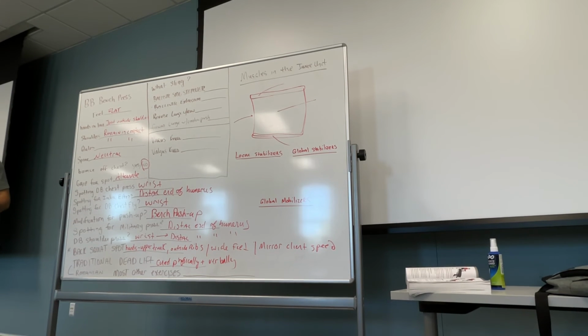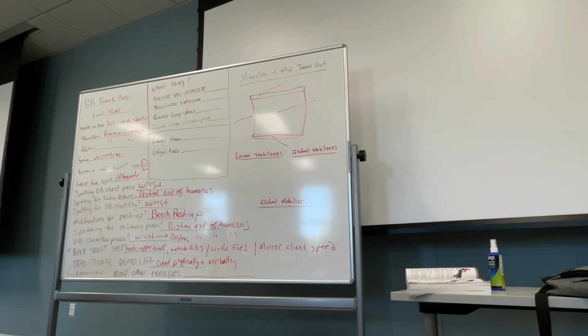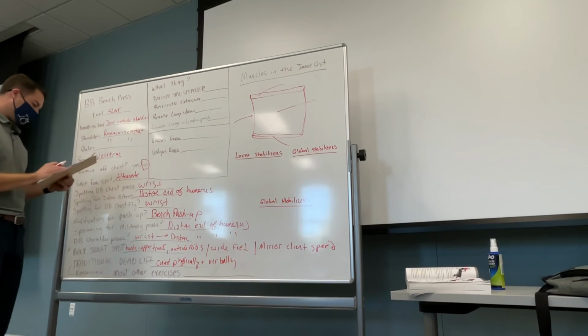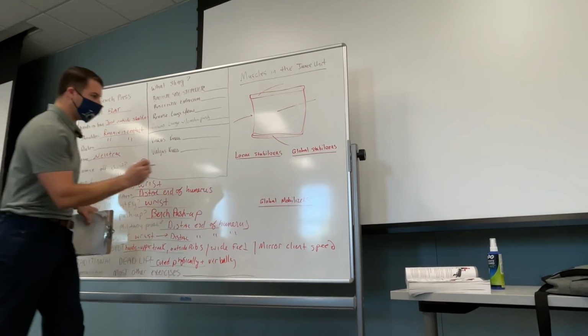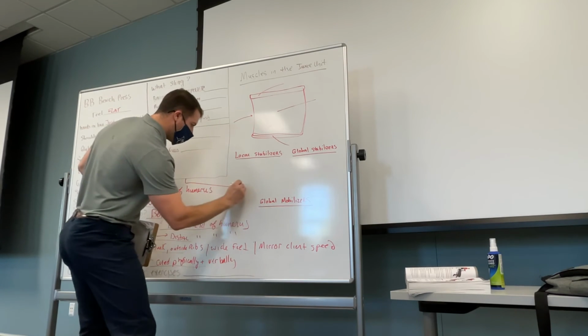Notice that it's an alternate. Let's see. It's an alternate grip for, I think we had a supinated one too. Let's see. So spotting for barbell chest press. I don't think I have it on here. So for barbell chest press, you want, let's see if I can add this in here real quick. Sorry.